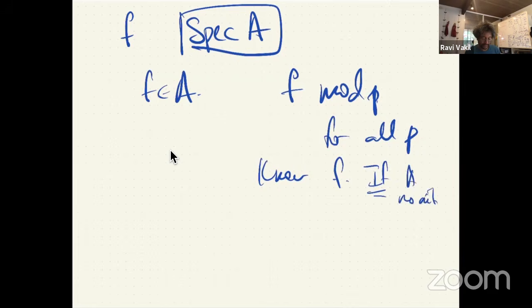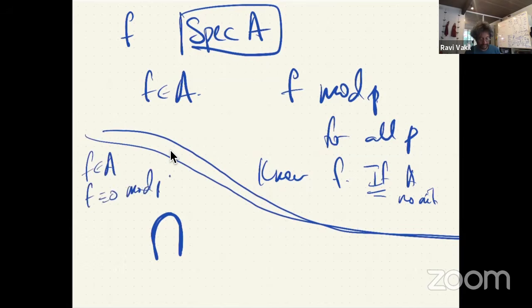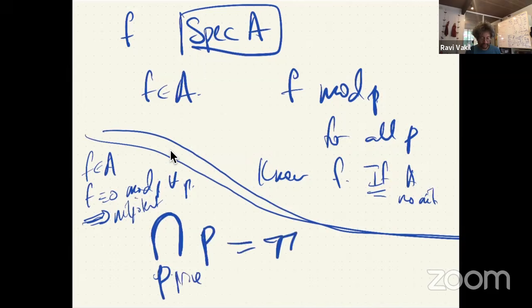And that's because of this fundamental fact. Let me do this the way you often think about kernels. If I have a function in A, and I tell you that it's 0 mod p for all p, I claim that it's nilpotent. And now we come to the statement: the intersection of all the prime ideals in a ring is the nilradical, the ideal of nilpotents.